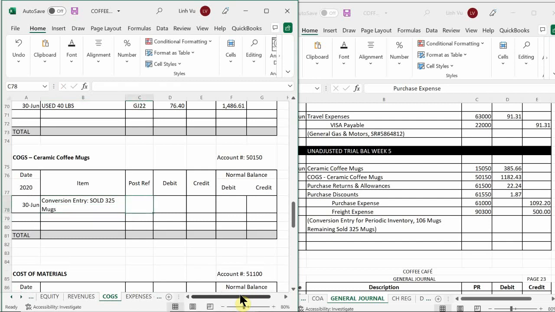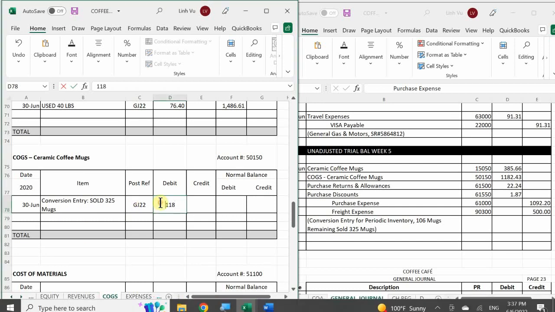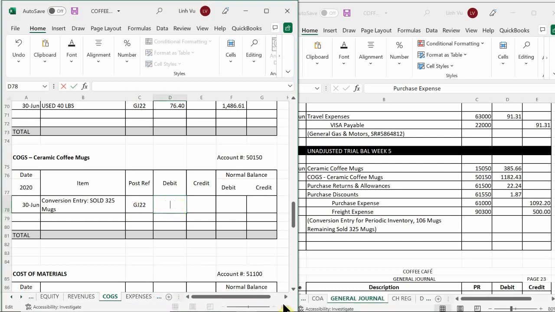For this, it's general journal page 22, and it cost us $11.82.43, 11.82 and 43 cents.